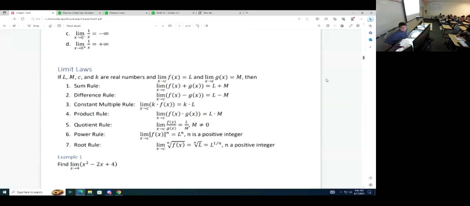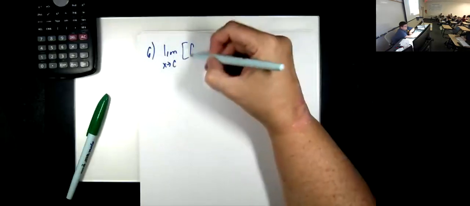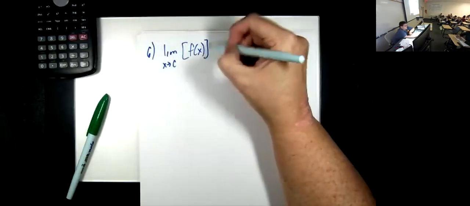The power rule, if we have f of x to some n power, we can actually just move the limit inside. I'm going to show 6 and 7 on paper real quick, because those are a little harder to see. So 6, we had limit as x approaches c of f of x to the n power.